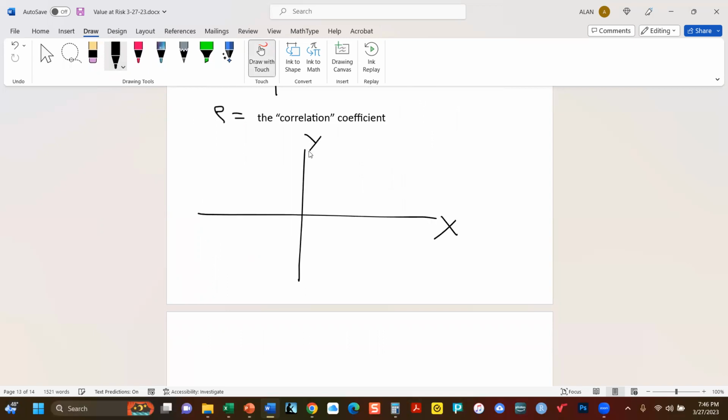So you're going to get something like this. And that means the correlation is negative, because they're going in opposite directions.